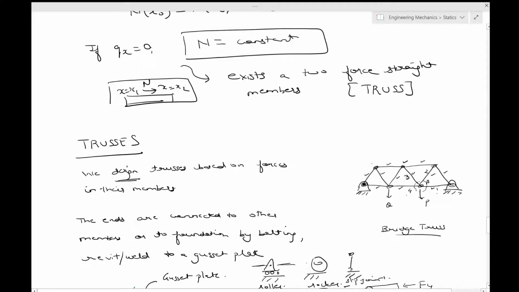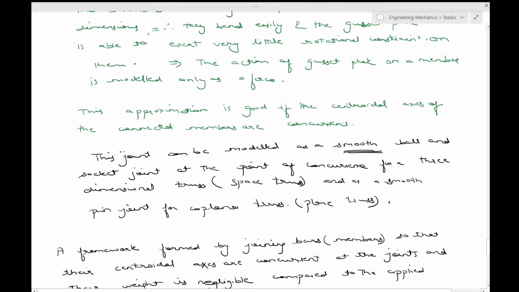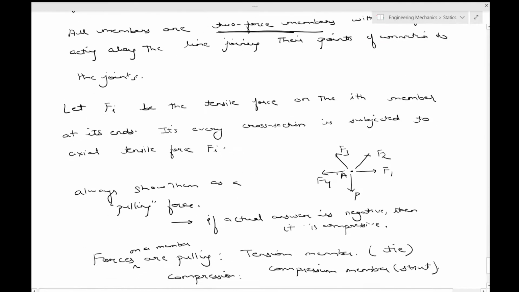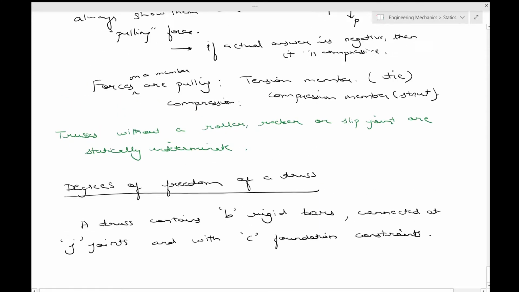So what are the joints? 1, 2, 3, 4, 5. So J is equal to 5 and the constraints are 2, 1 and 2. So that's how you count it. We'll do more examples of this just to get started.